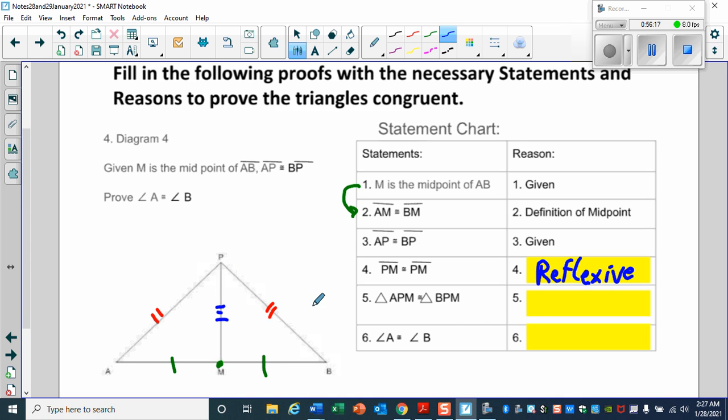So, in that case, APM, so I'm going from point A, point P to M, so could have also said MAP, but we'll go APM and BPM are congruent because side, side, side. And therefore, since this happened, now we know why angle A and angle B are congruent. And again, that goes back to that CPCTC.